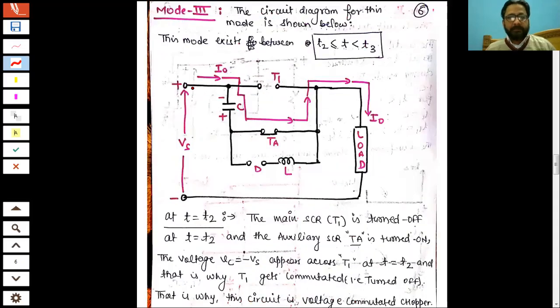Now when the current is flowing in this path, there are two things happening. One is V0 is equal to twice of Vs. Second, you must notice that the capacitor was charged at the start of this mode 3. The capacitor was charged with lower plate positive and upper plate negative, and it will give path as soon as you turn on the auxiliary SCR. It will give path to the load current.